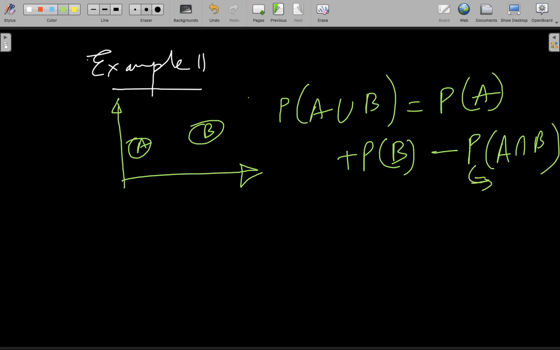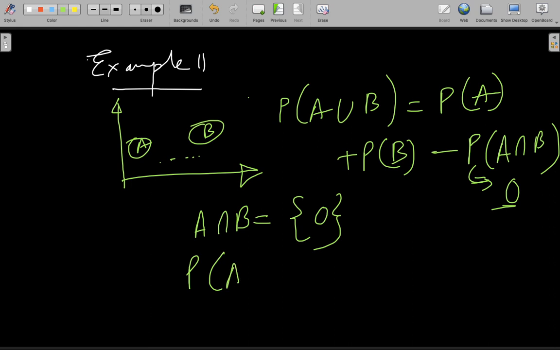Since there is no common element, A intersection B gives me a null set, and the probability of this is 0. So either way, the probability of A intersection B is equal to 0 if they are mutually exclusive.